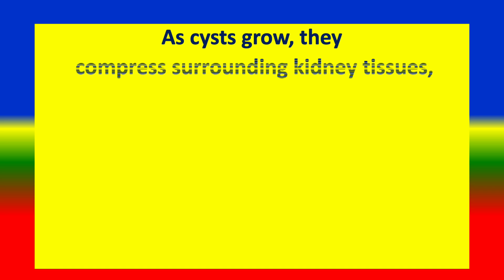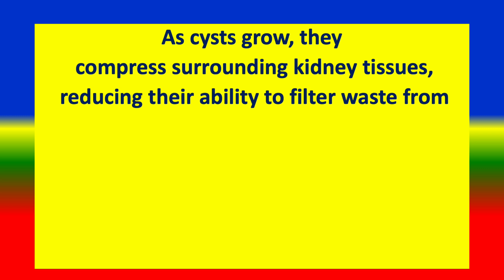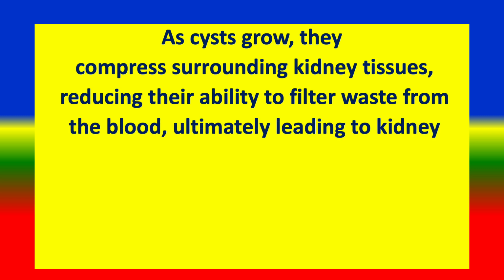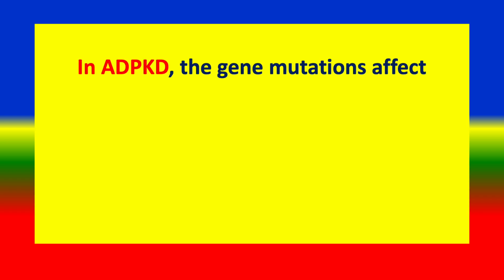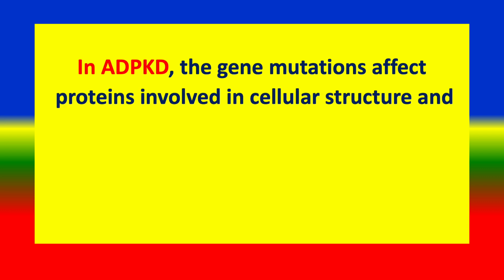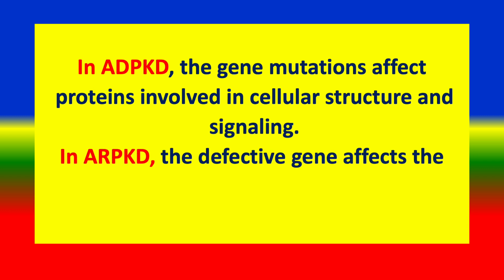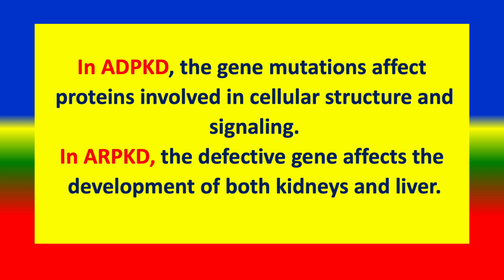As cysts grow, they compress surrounding kidney tissues, reducing their ability to filter waste from the blood, ultimately leading to kidney damage and in some cases failure. In ADPKD, the gene mutations affect proteins involved in cellular structure and signaling. In ARPKD, the defective gene affects the development of both kidneys and liver.